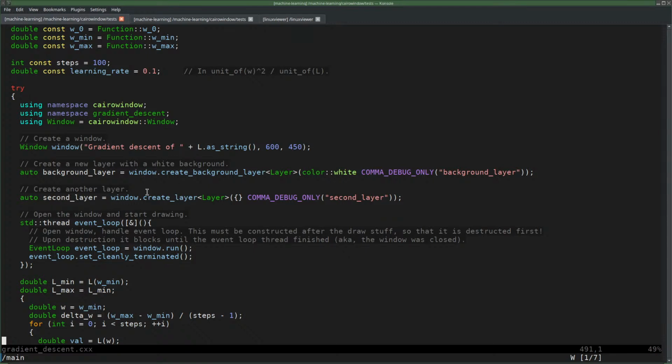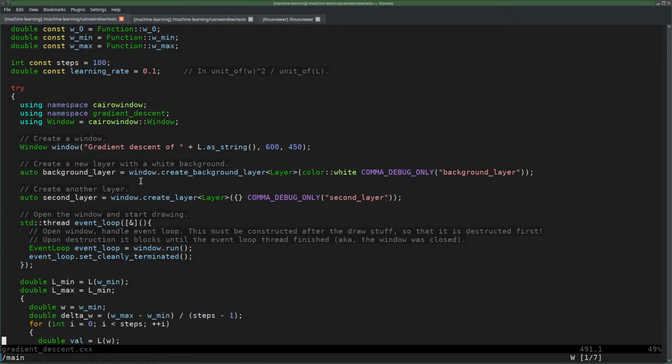But I guess I went through several rewrites before I ended up with this API. But okay, for the sake of argument, assume that it is a logical API, despite that you did not implement it yet. So you can say, okay, create a window, and then we create layers from that.